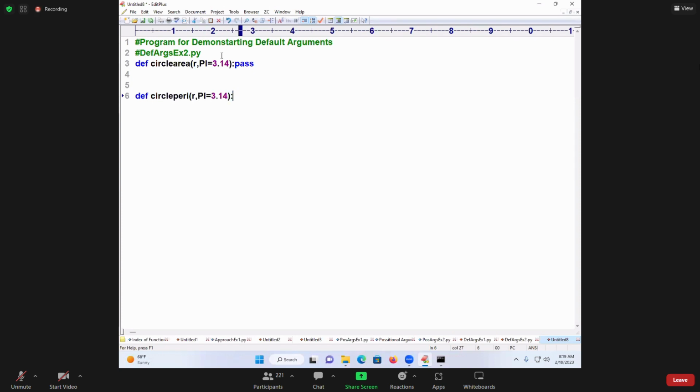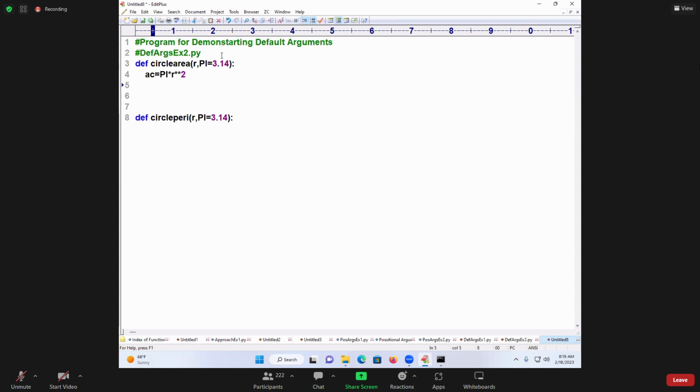So there I will write my logic, students. Pi equal to 3.14 is the common value, and we call it a default argument. So AC is equal to pi into r star star 2.